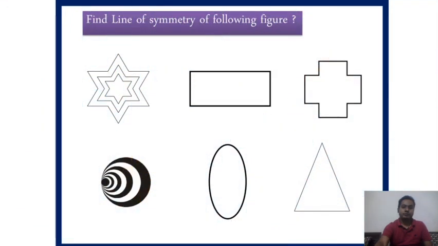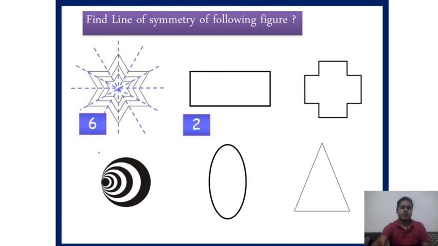Now you can find how many lines of symmetry this shape has. Observe this shape. Please answer. How many lines of symmetry? It has 6 lines of symmetry. It is a rectangle. How many lines of symmetry? It has 2 lines of symmetry.